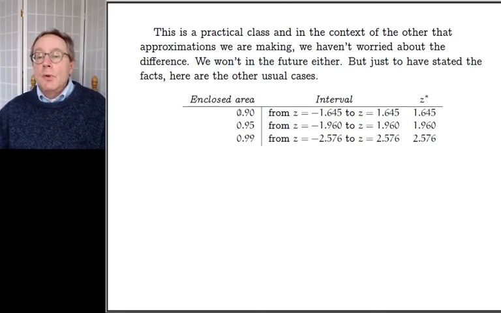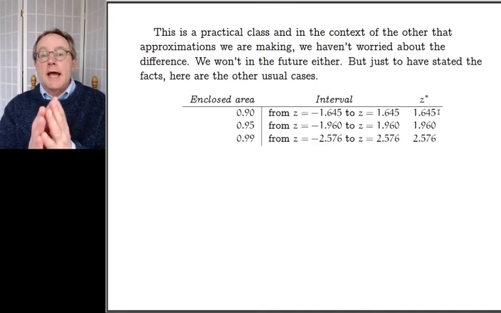If you're interested in 0.9 or 0.99, the other numbers that we usually use for confidence intervals, 0.9 was the area between z equals minus 1.645 and z equals plus 1.645. And again, you would call that z star. You would say, for 0.9, I'm using a z star of 1.645. It's just jargon, but of course, having worked with a lot of confidence intervals, we have some sense that you need to have a certain width.